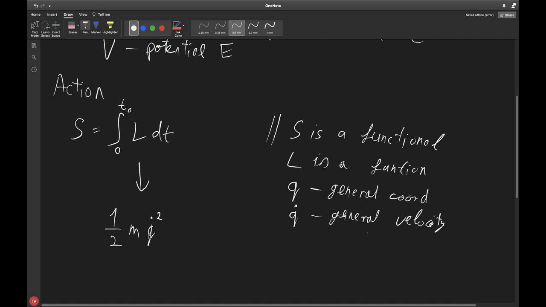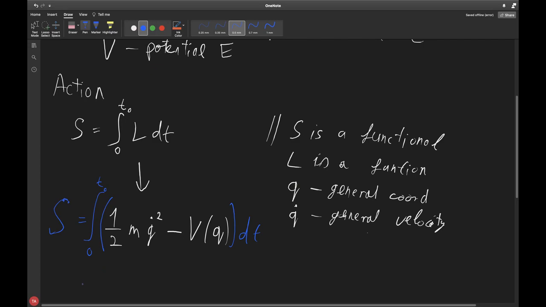So this is going to be q dot squared here. And then from that, we subtract the potential, which just depends on q, and it doesn't depend on q dot. So I just inserted what L was. For the action, we still need to make our integral from 0 to t0 to get S.